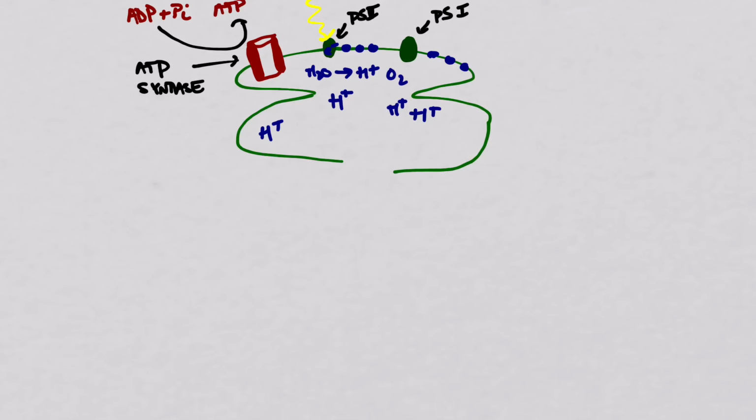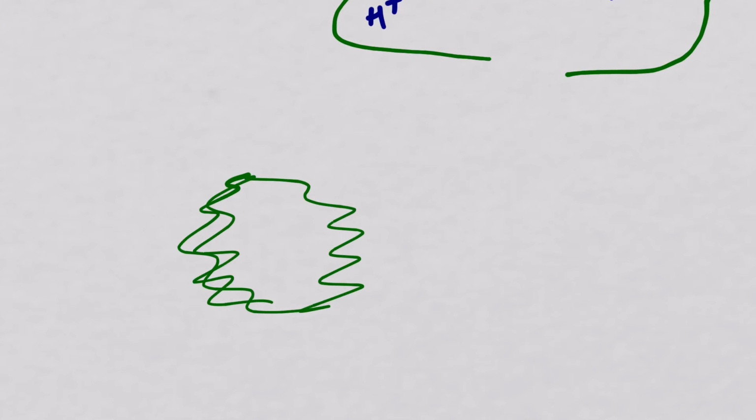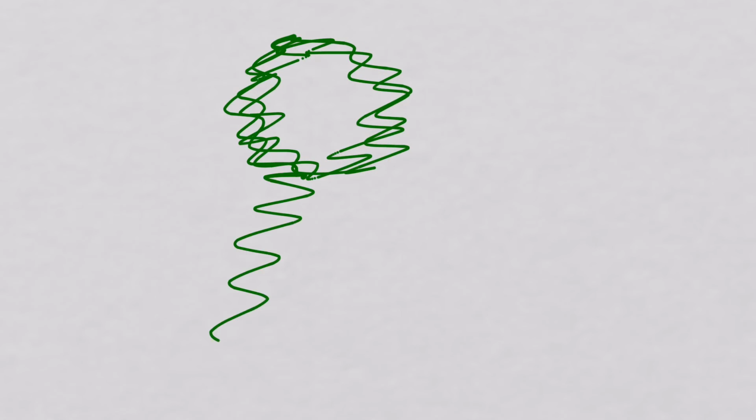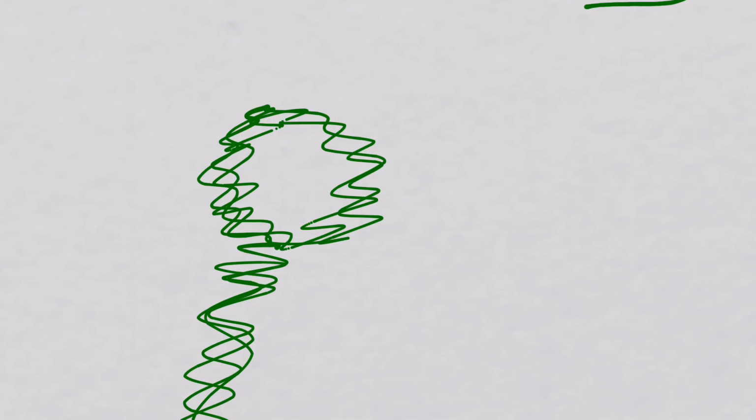Okay, so photosystems are composed of molecules called chlorophyll molecules, and they kind of look like lollipops, like so. They've got an organic part, which you all know by now means they're made of carbon, and they also have an inorganic part.